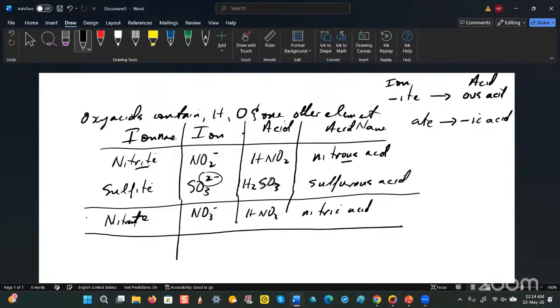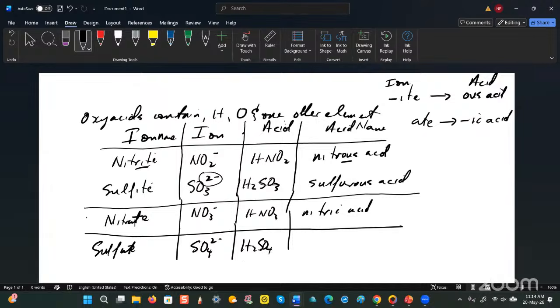All right? So that's what happens in that case, right? Now, here's another example. The sulfate ion, formula SO4 2-, right? And if you were to convert that to the corresponding acid, the formula becomes H2SO4, right?